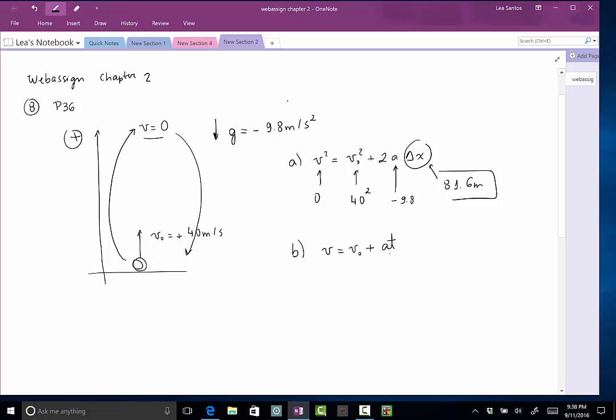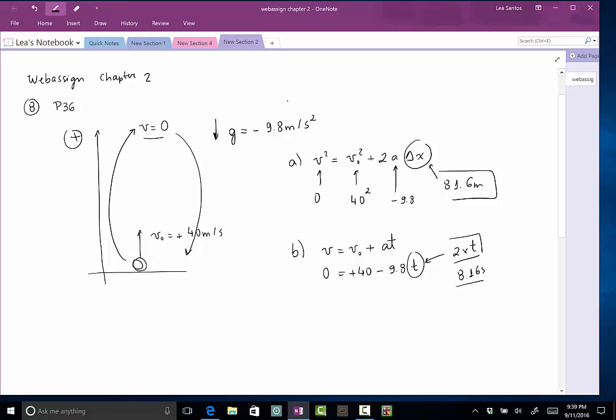This is a good one because it's linear in time, so I don't need to solve a quadratic equation. So final is 0, initial is plus 40, acceleration is minus 9.8, and then I'll find this time. But remember, that is only the time going up, and the total time is up and down, so I should multiply this number by 2. This should give us 8.16 seconds.